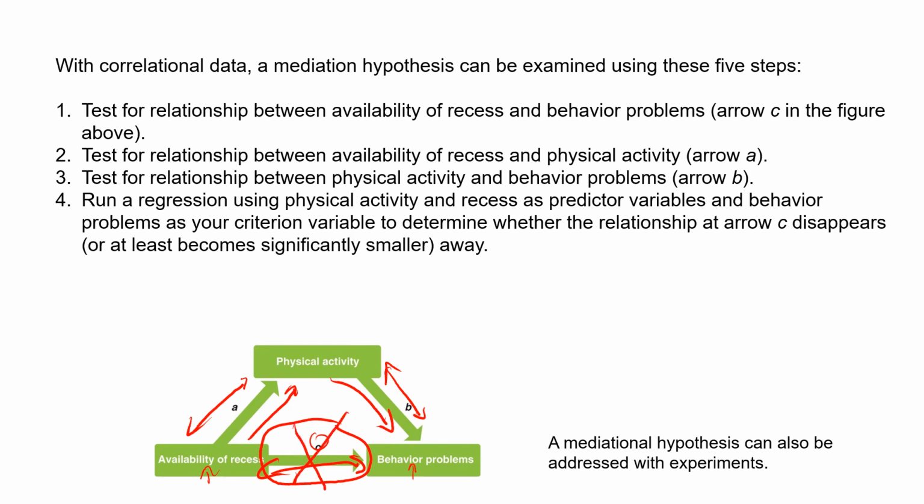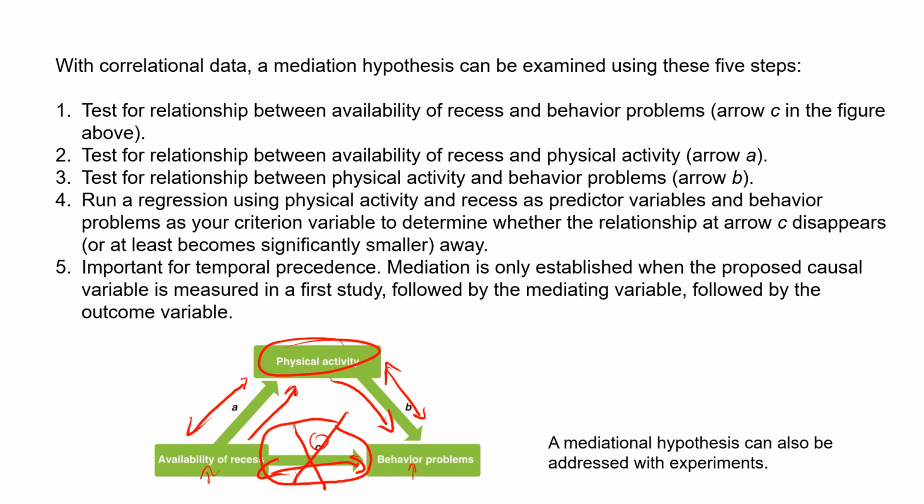If it goes away, or if it gets weaker, it doesn't have to just go away anymore, we now know that physical activity is a mediator of the recess and behavioral problems association.